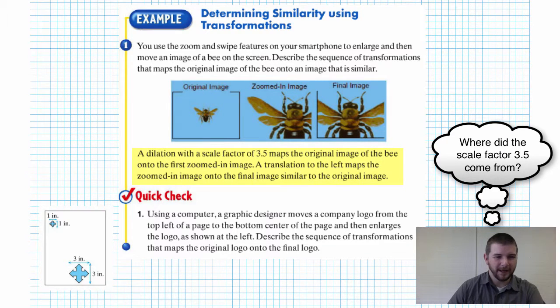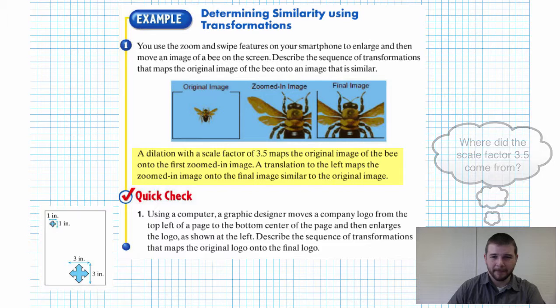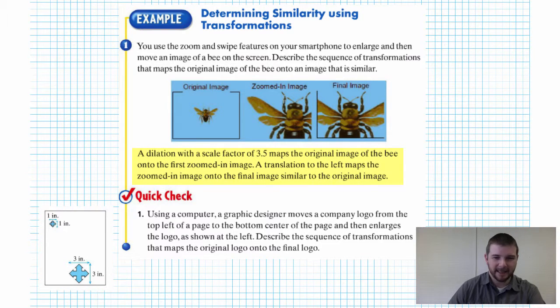Now, nowhere are we told specifically how large the bee is in any of these images, so I don't see how we have the information to state a scale factor of 3.5. It makes sense, the bee looks about 3.5 times larger, but without knowing that information, we couldn't really state that on our own. A translation to the left maps the zoomed-in image onto the final image similar to the original image. So that makes sense.